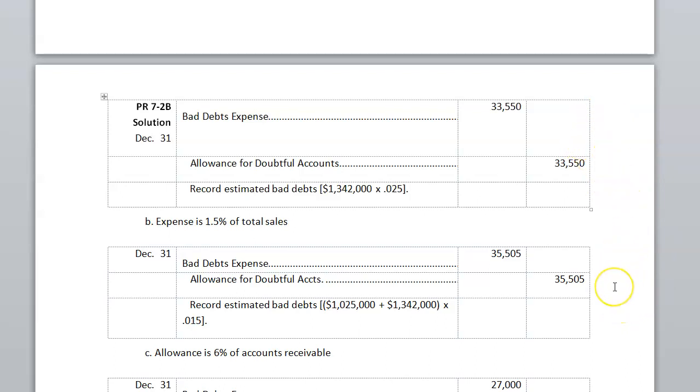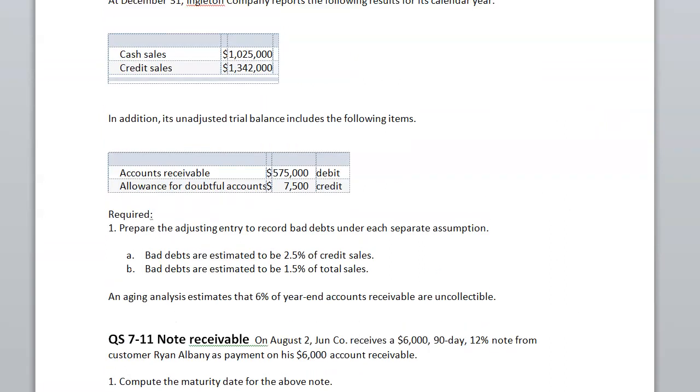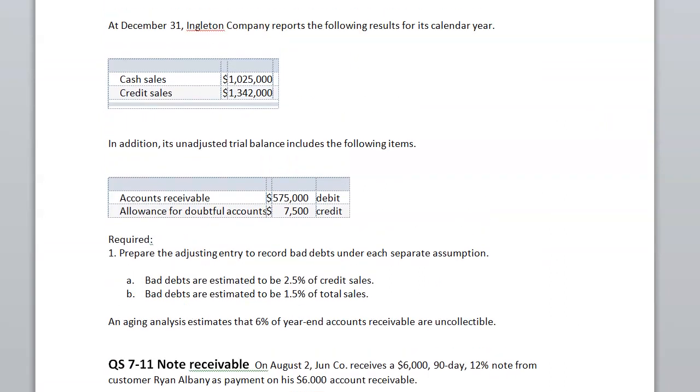So those two examples are showing the percent of sales. So again, you're just going to do the calculation. You're going to make the journal entry. Now, when you are working with the accounts receivable balance versus the sales balance, we're going to calculate it a little bit differently. So in this example right here, an aging analysis, so that's an aging of our accounts receivable. They're put into columns based on when they are due or how far past due they are.